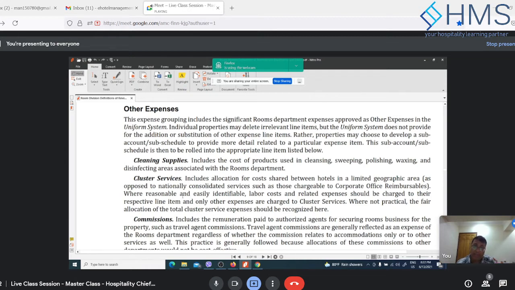So you need to see what is the productivity of each staff, each type of labor, so that in the future you can work on the future expenses based on the estimated amount of business.